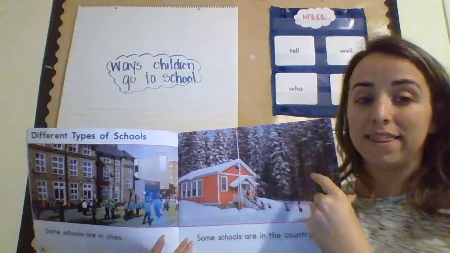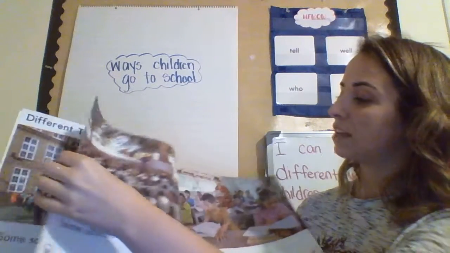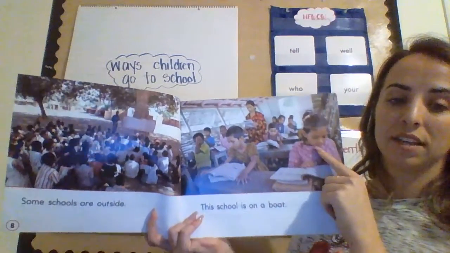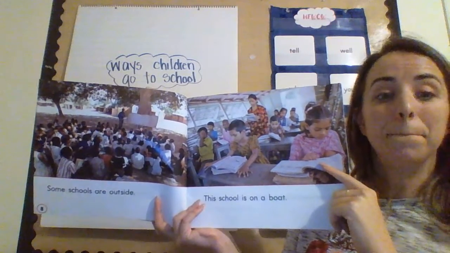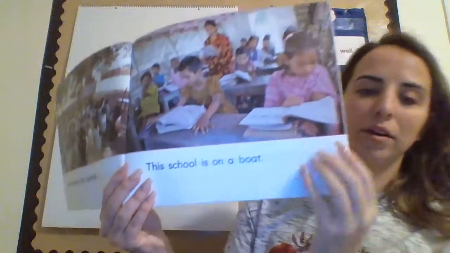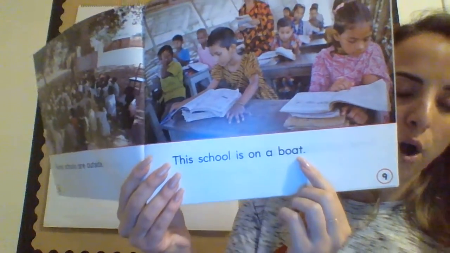Some schools are in the country where there are a lot of trees. Some schools are outside. This school is on a boat. Boat. Ooh. Let's look at our letter family real quick. Here we go. B-O-A-T. Boat.